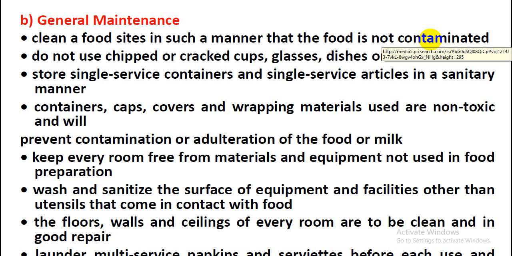And nowadays, after the spread of the COVID-19 pandemic, I guess all the food factories, hotels, and hospitals will change the way of using towels and other usable stuff. Containers, cups, covers, and wrapping material should be made from non-toxic material.